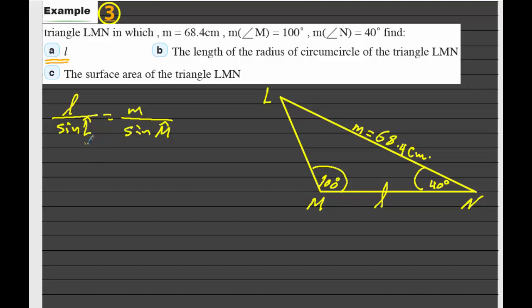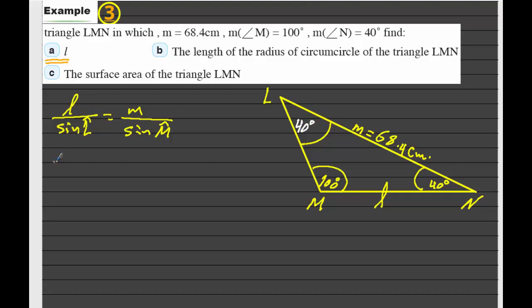But the measure of angle L is unknown, so I'll calculate it first. It's clear that the measure of angle L equals 40 degrees, because the sum of the two angles M and N equals 140, and the sum of all measures of the angles of any triangle equals 180. So the measure of angle L equals 40 degrees.